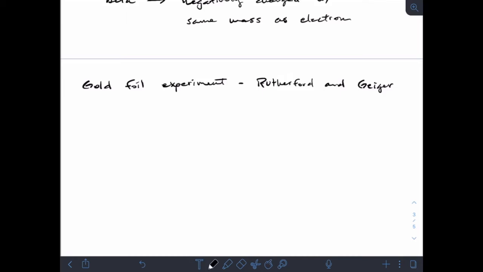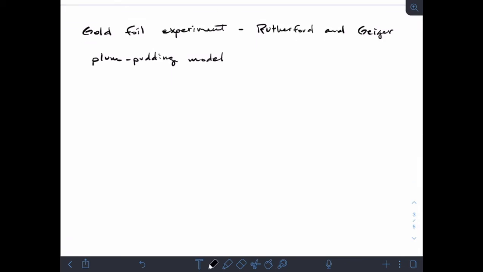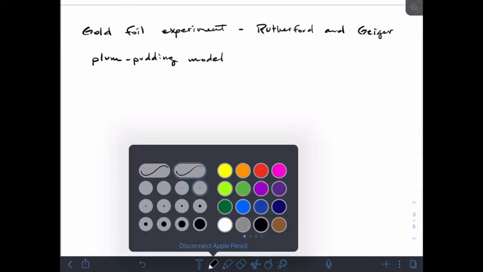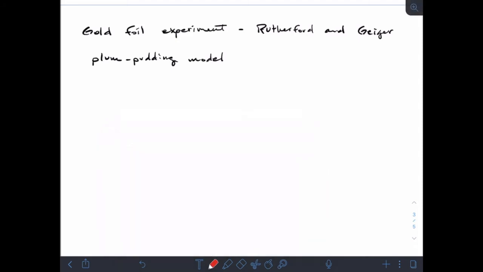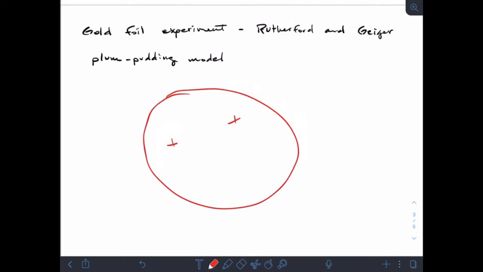What they did was they started with the idea of what's called the plum pudding model. And this was the predominant idea at the time of what an atom was. The plum pudding model basically says that you have a sphere of positive charge.